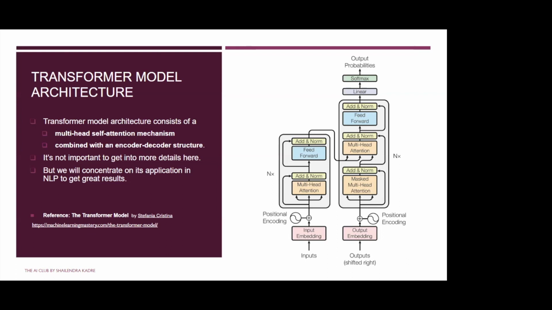These are all mechanisms for that, along with feed forward networks, addition and normalization layers, and you can see the connections. It's a fairly complicated architecture, and we won't go into the details of it. This is just for your reference. If you want to study the architecture in detail, I'd recommend you check the references provided here when you get the PPT.